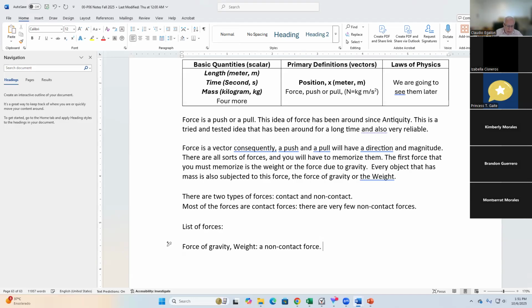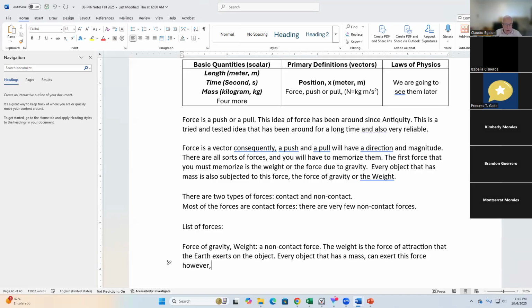It is always there. The weight is due to the attraction. It is the force of attraction that the Earth exerts on the object. Every object that has a mass can exert this force.